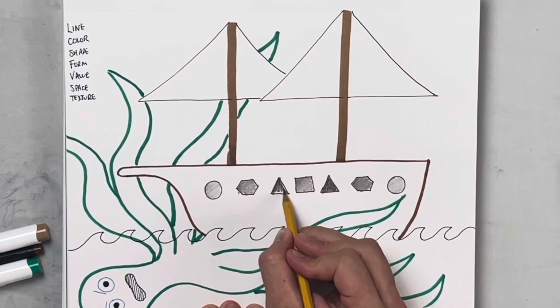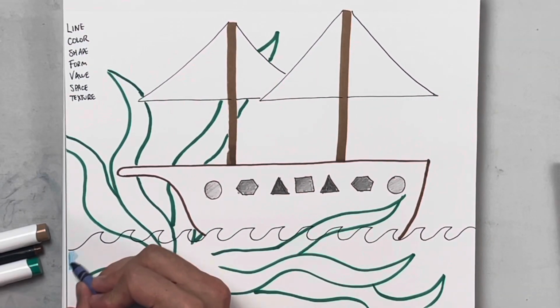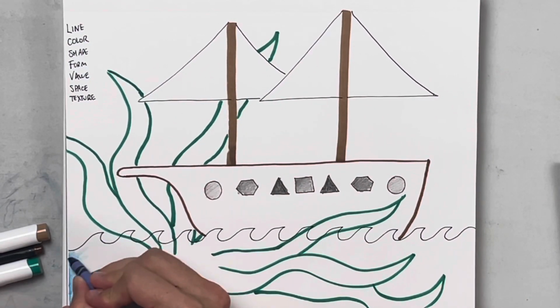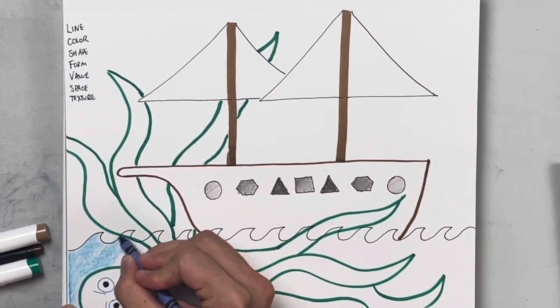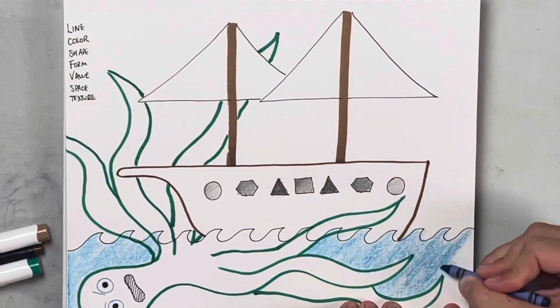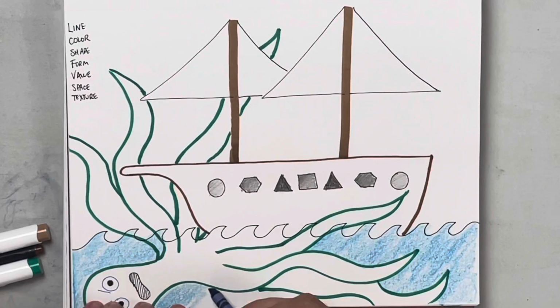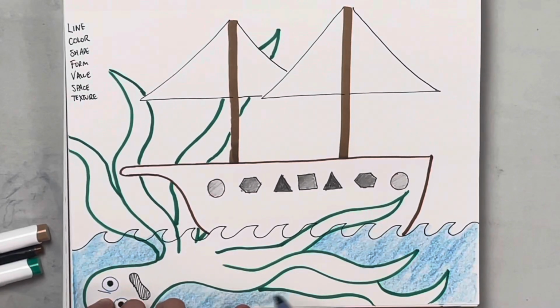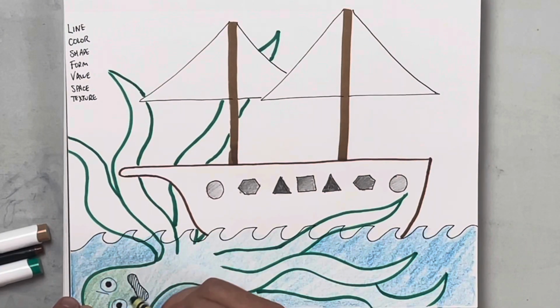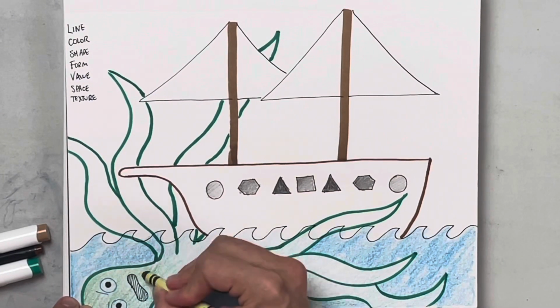Finishing up the windows. So far we've got line, we've got shape, we've got value, we've got color. So let's see if we can get form, space, and texture before this drawing is over.